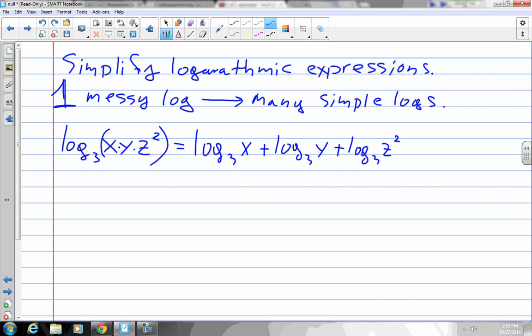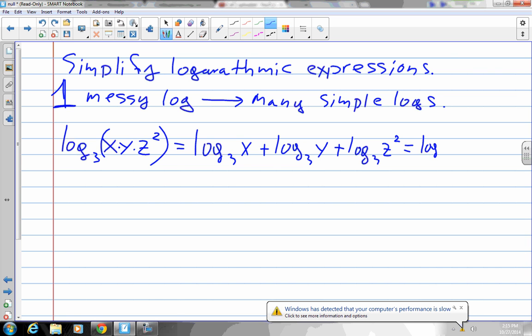Is there anything else I can do here? Is there any other rule of logs that I can apply to make it even simpler? I mean, can I do something with that little 2? Yeah, I can bring it down. So now it's a linear combination of logs.